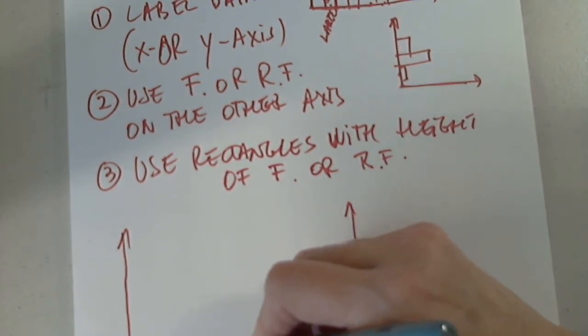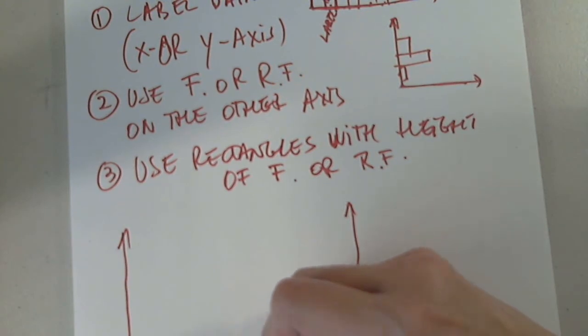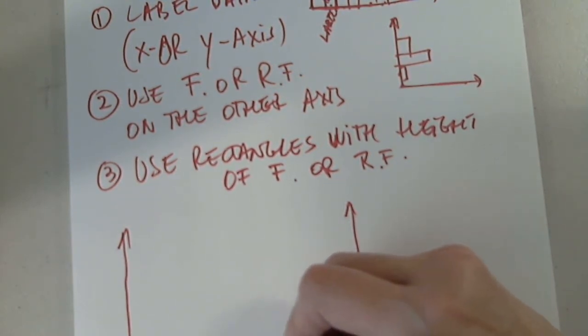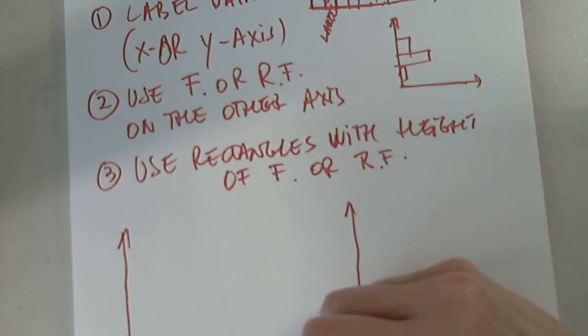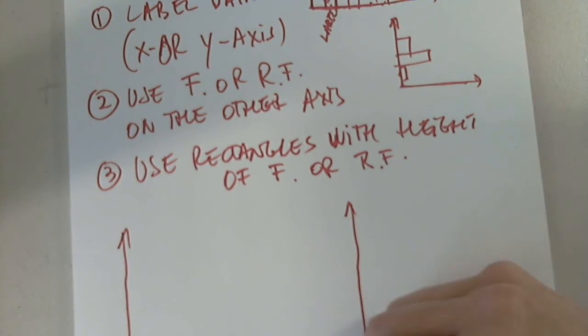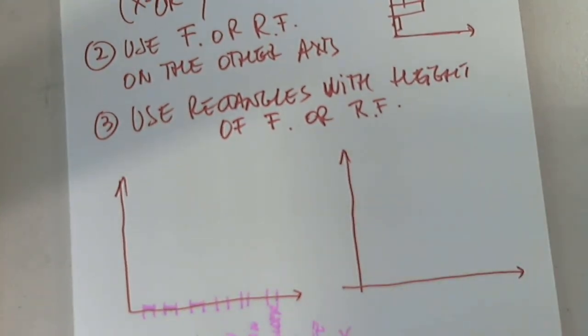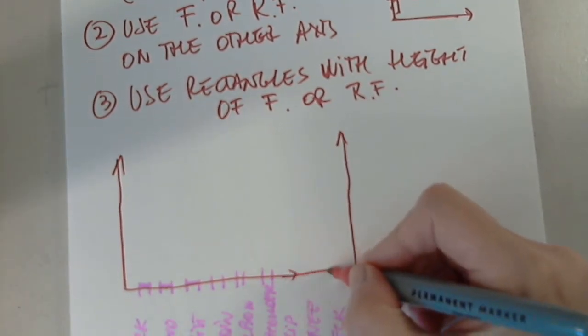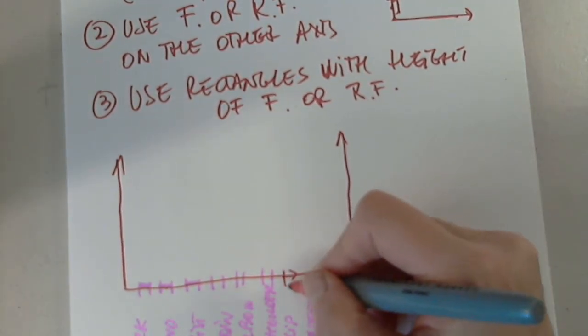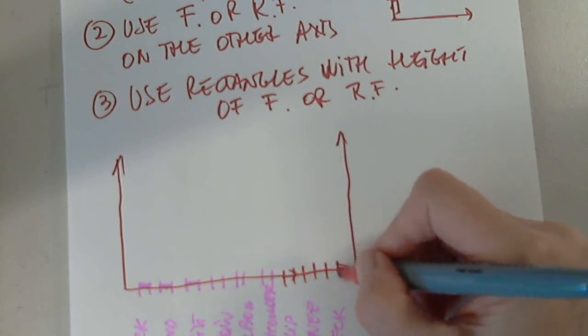Then we have elbow. And then we have shoulder. Then we have hip, and knee, and neck. I have to extend my graph. I have to write as big as I can so you can see. Okay.